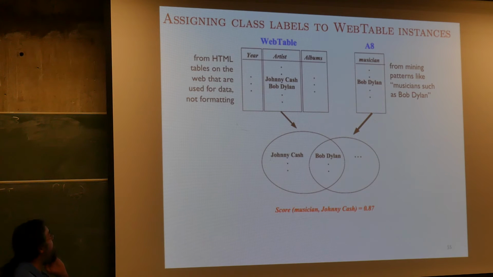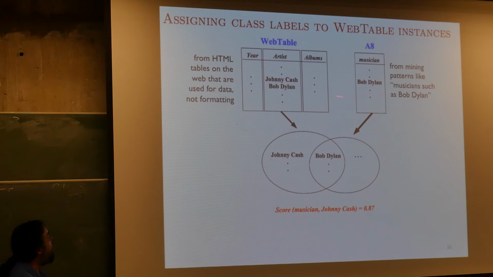So this is what the data set looked like. You took two sources of information. One is you took a big pile of tables, okay? This was looking at HTML tables on the web. And I know there's at least one project that's looking at this sort of data. What you basically had was one node for every column in a web table, okay?